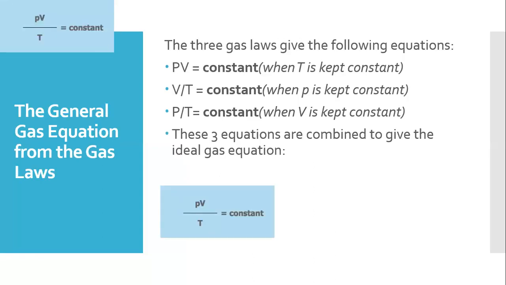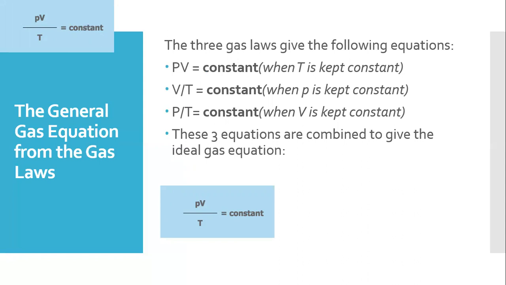Let's see the general gas equation from the gas laws. Now we are given that the three gas laws are as follows: PV is equal to constant where T is kept constant, V over T equals constant where P is kept constant, P over T equals constant where V is kept constant.